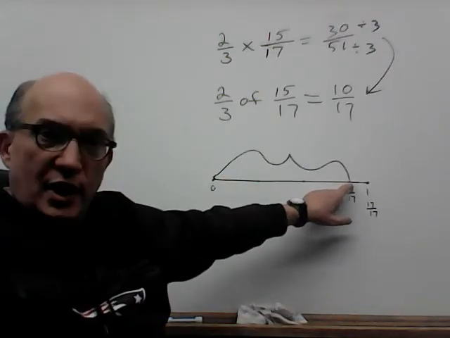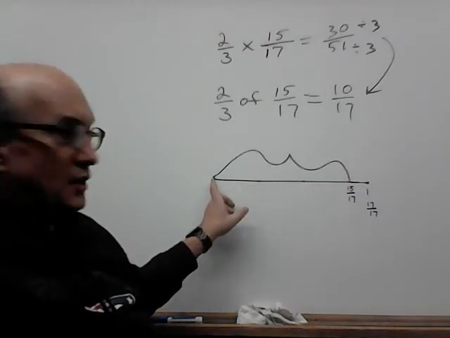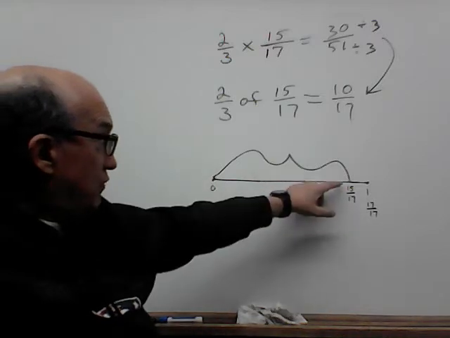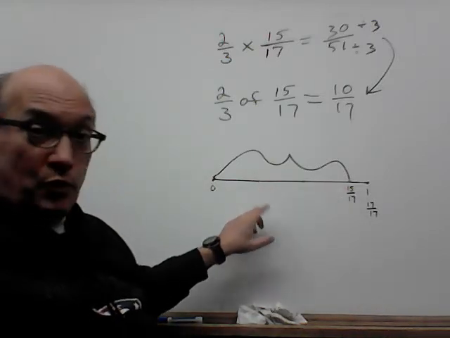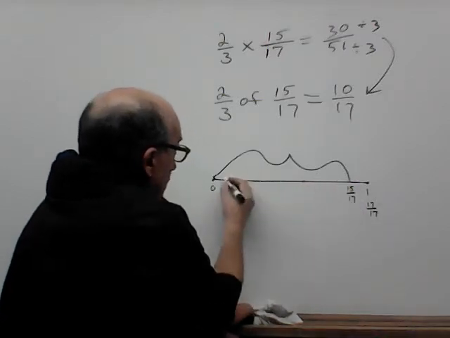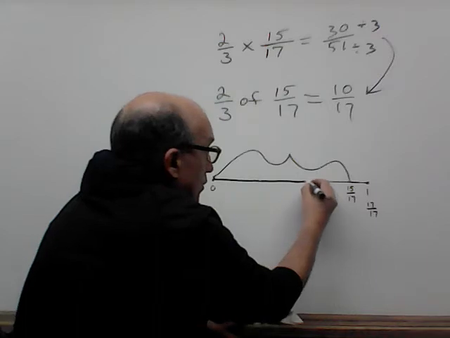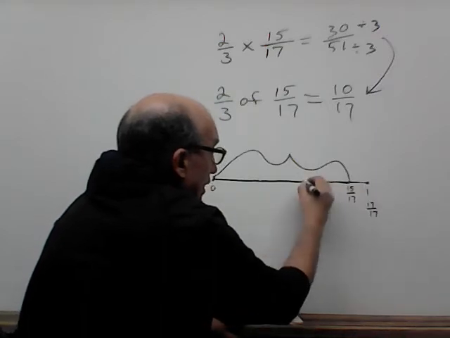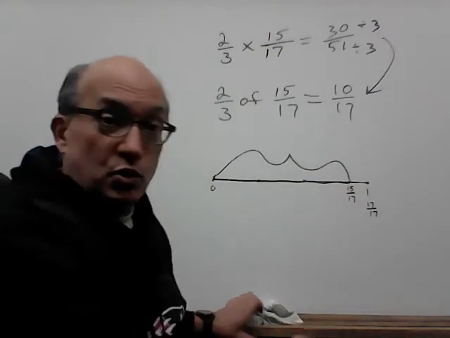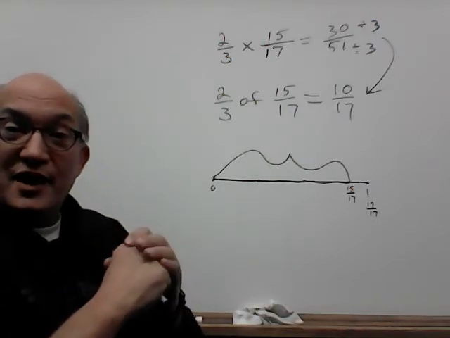And if that point there is 15/17, if I divide the distance between 0 and 15/17 into 3 equally sized pieces with these 2 points, 1, 2, 3. This length here is the same as this length, which is the same as this length. I have divided the distance between 0 and 15/17 into 3 equally sized pieces.